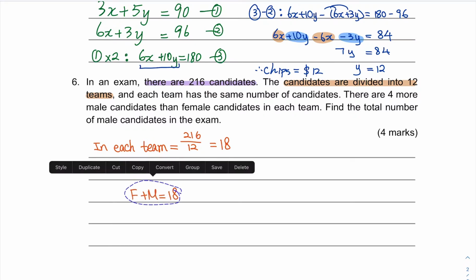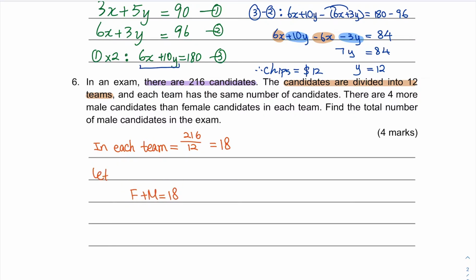So your F and M, you have to let F be females and M be males, the candidates in each team, equals to be X. F and M is easier for your own reference. Now we know in each team there are 18 people, and those people include females and also the males. Now you can't do anything else, so name it as equation 1.